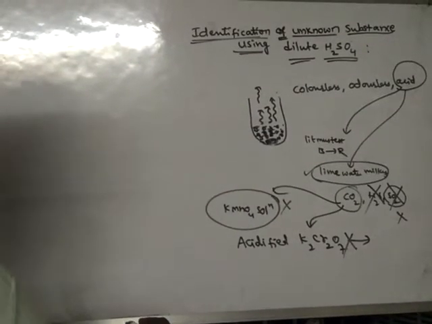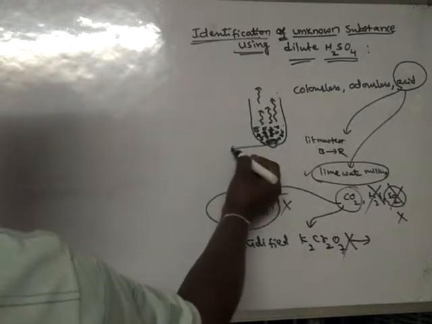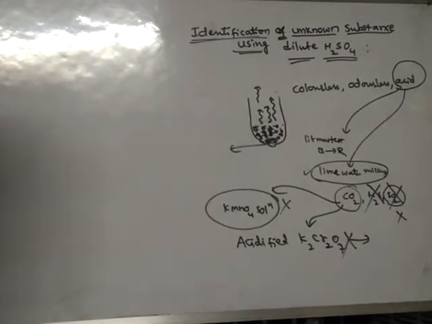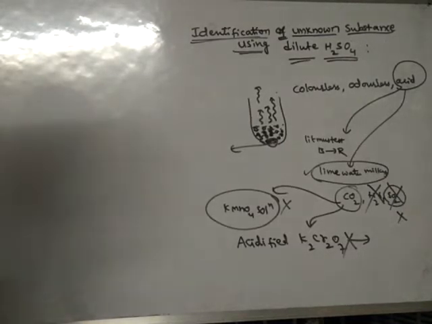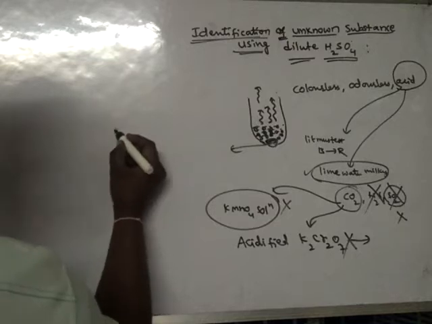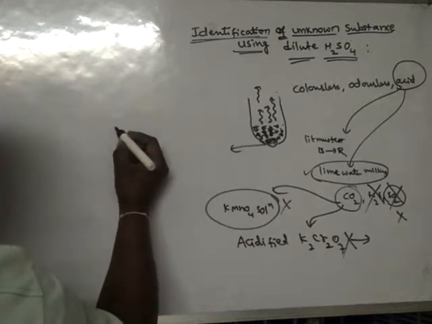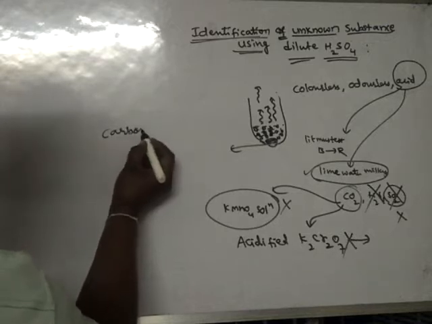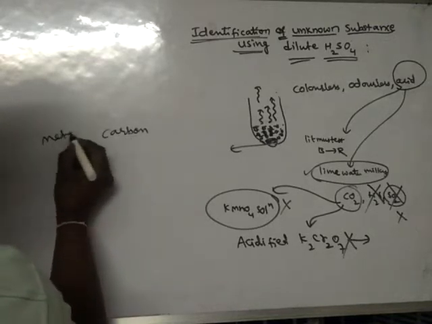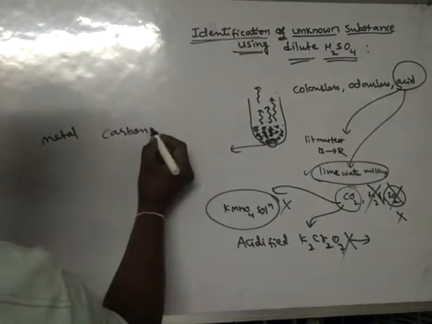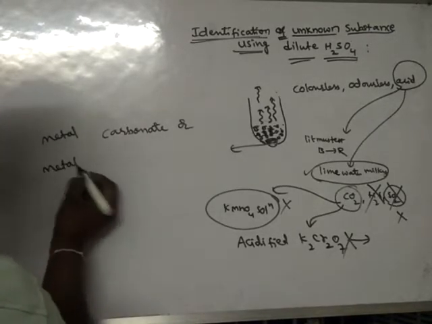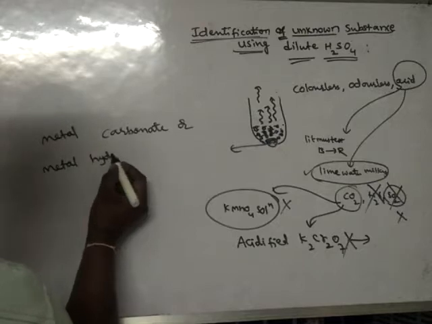Now the thing is, what is this substance which can produce CO2 with dilute sulfuric acid? The substance which can produce CO2 with dilute sulfuric acid must be either a metal carbonate or a metal hydrogen carbonate.